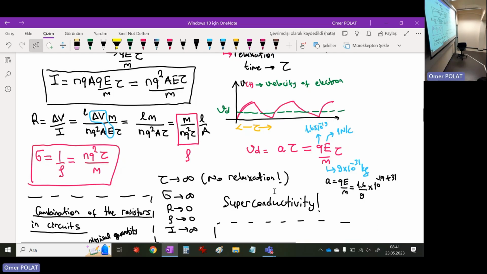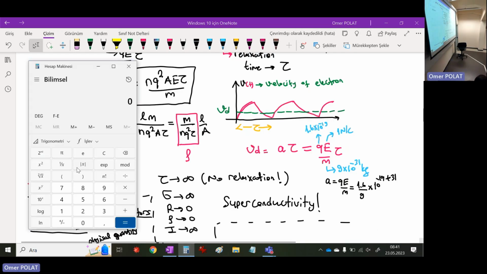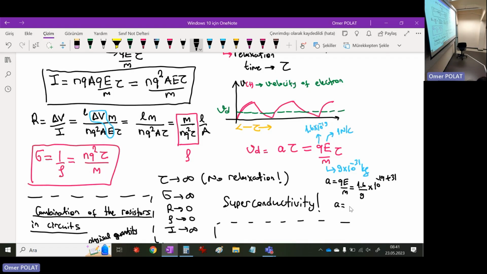What is the acceleration? 1.6 over 9 is about 0.17, times 10 to the 31 minus 19. So it gives 22, right?